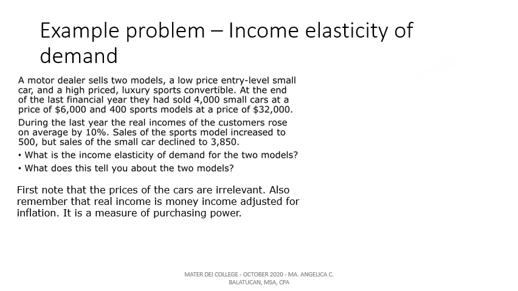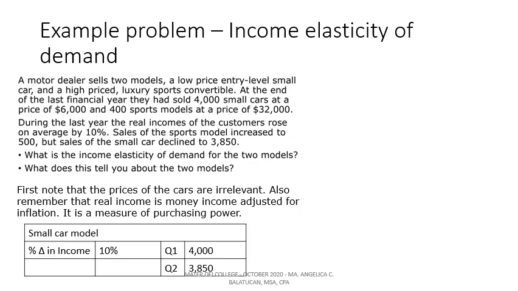Now let's look at the data for the small car model. So again, the real income increased by 10%. And if we look at the quantity demanded for the small cars, from 4,000 it became 3,850. So there is a decline, a decrease in the quantity demanded.